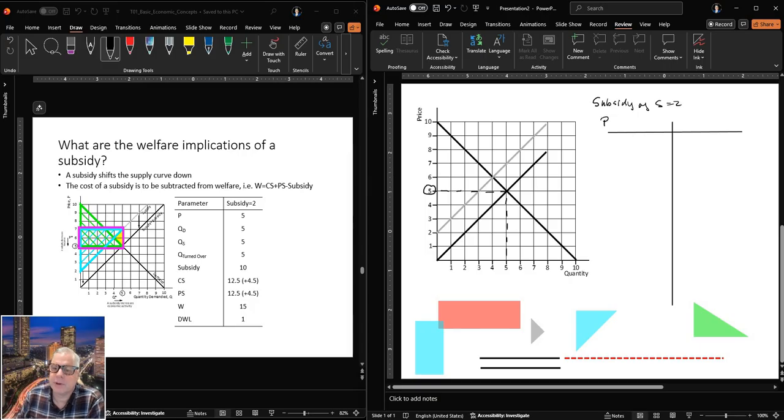So we have here again our parameters. And now we have the case of a subsidy of S equals 2. Okay, so first thing we saw is that the new price is 5. And the quantity demanded and the quantity supplied and the quantity turned over is all 5.